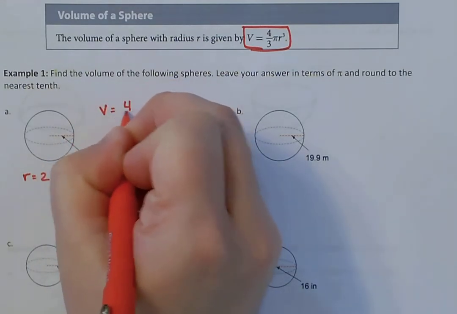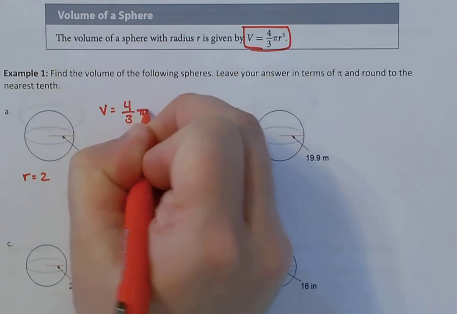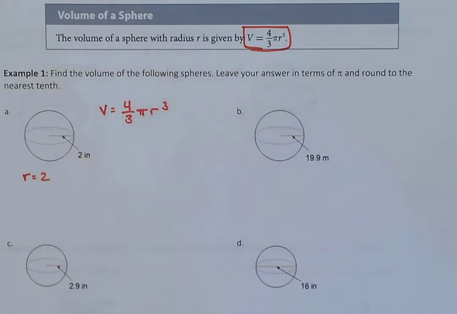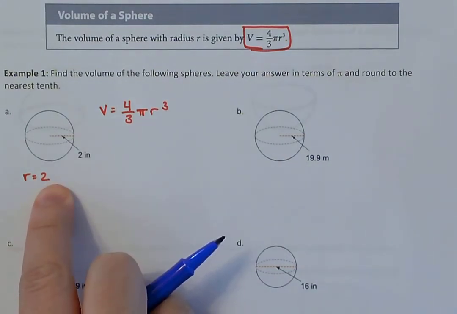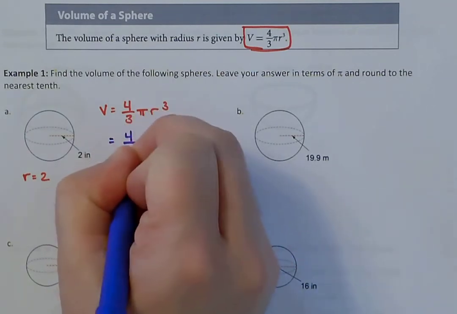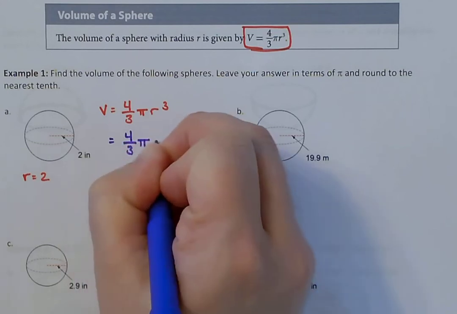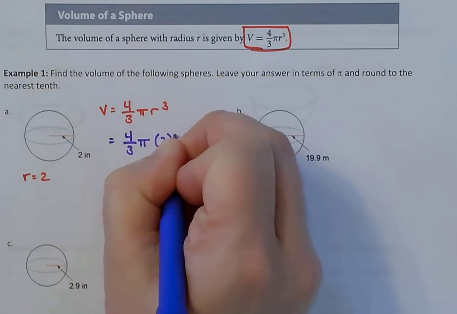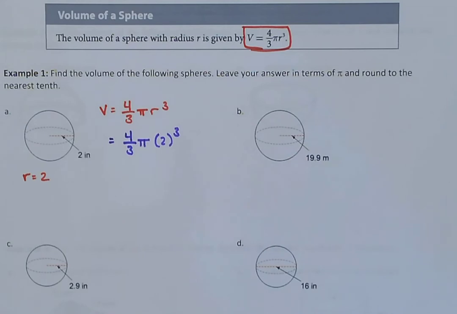So, 4/3 pi r cubed. That's what we're going to use today. All right, we know r to be 2, so we're going to plug 2 in for our radius. So it becomes 4/3 pi 2 cubed. All we have to do is just go through and plug it into our calculator to figure out what our volume is.